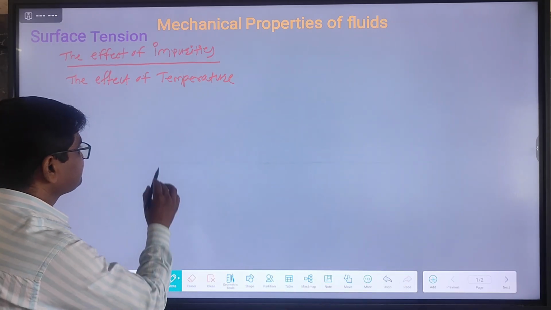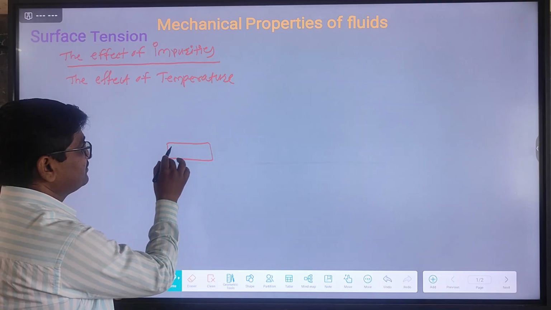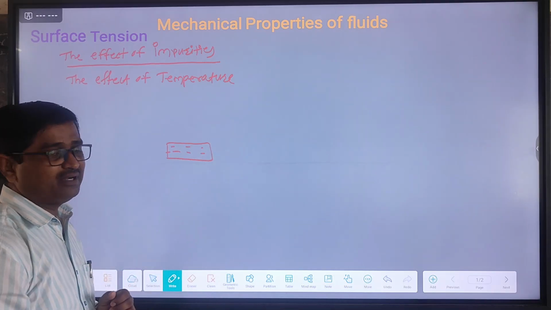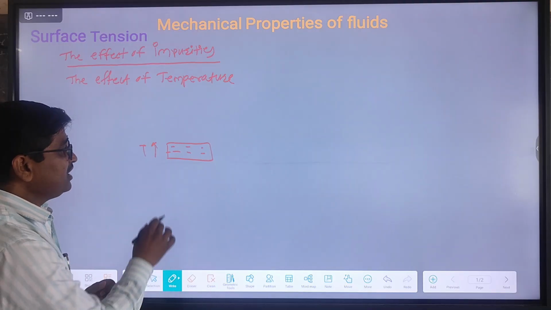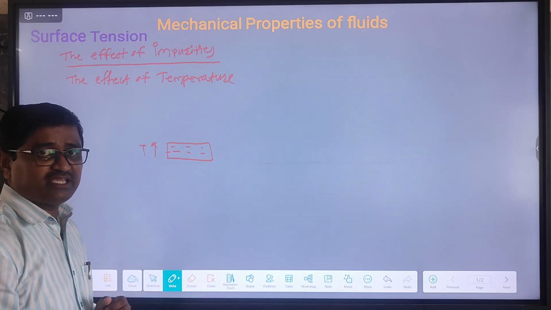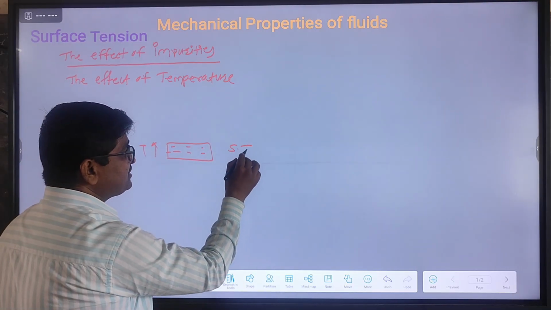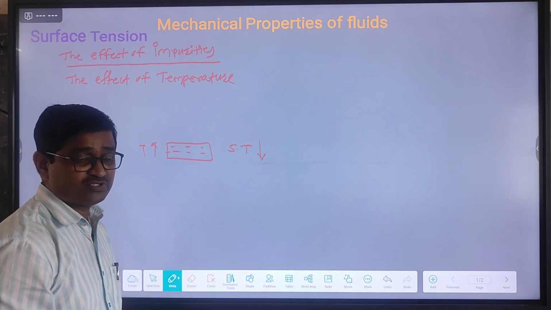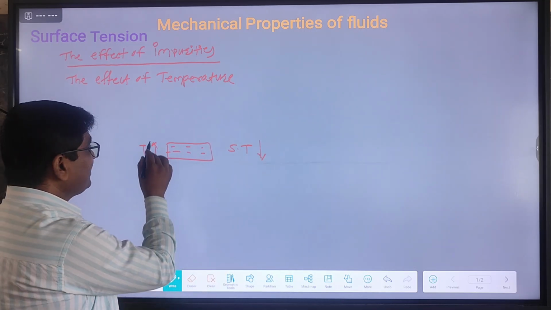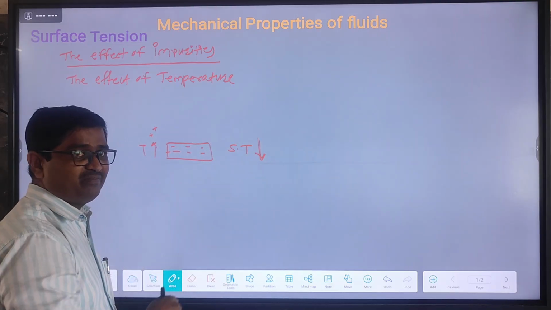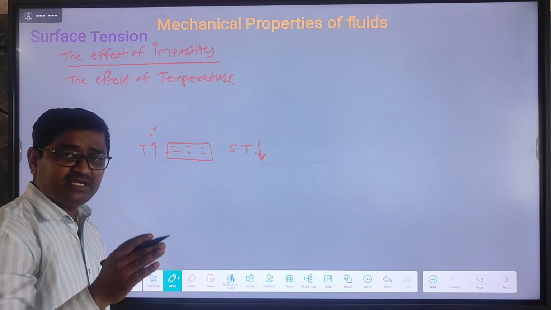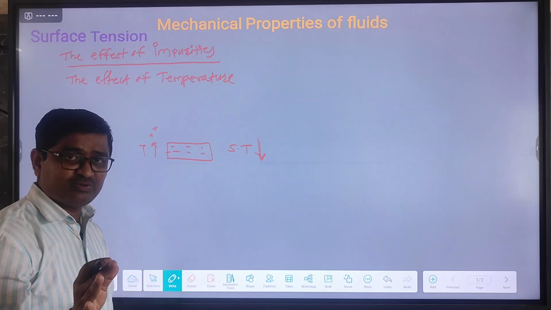Let's imagine that it is one type of liquid, and its temperature is increased. As the temperature of the given liquid increases, its surface tension decreases step by step. Let's remember, this is a very important concept.